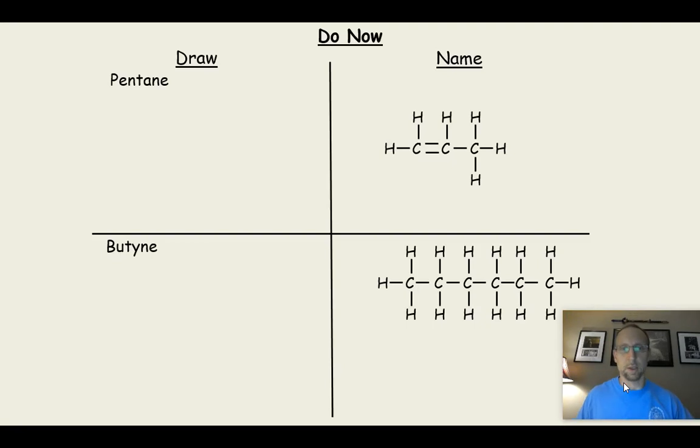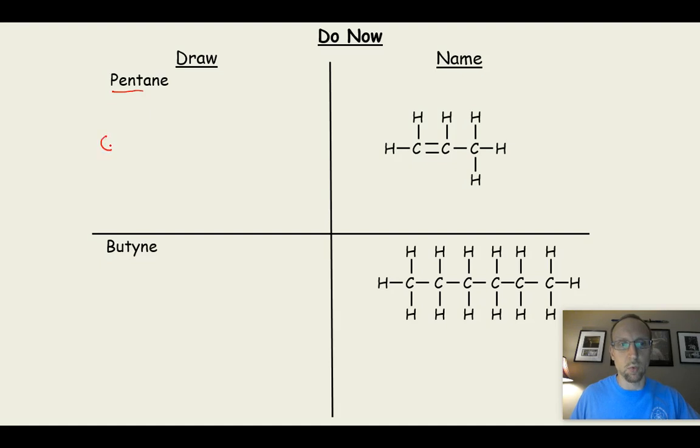All right, so let's go over these quick and then we'll move on to today's lesson. So remember how to do these. The prefix tells you the length of the carbon chain, and the ending tells you if you're dealing with an alkane, an alkene, or an alkyne. So first thing you want to do is just draw your carbon chain. So pent is 5. Remember, we can use table P to help us out.